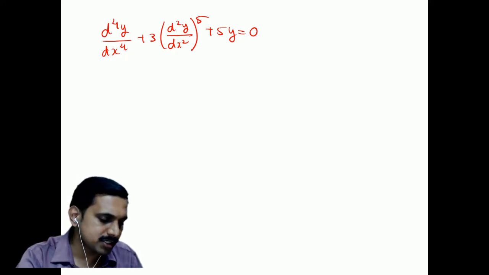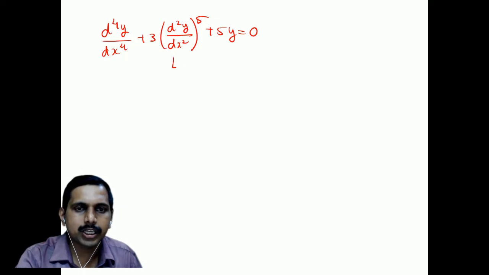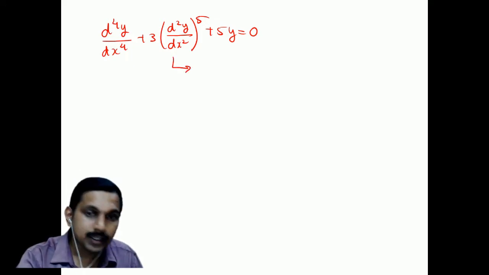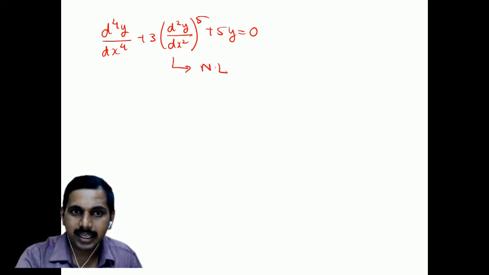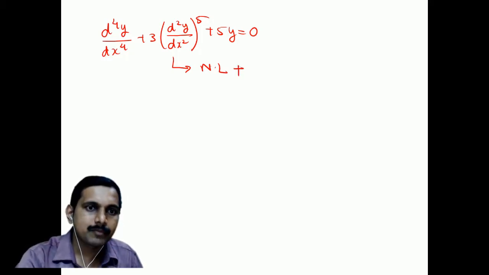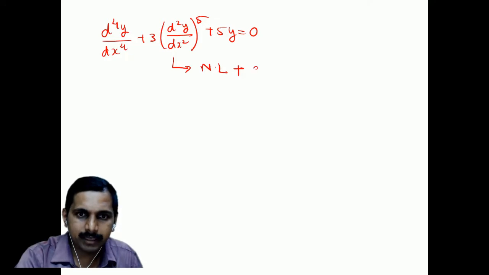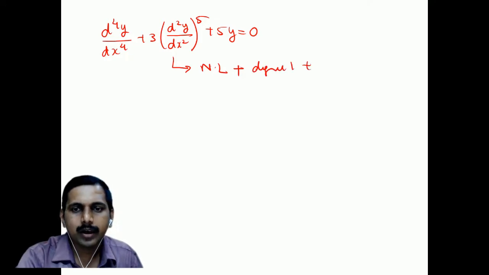Which type of equation is this? Linear or non-linear, students? Non-linear. Very good, because there is y function which is multiplied by this. Plus which order? Degree 1. Order 4. Simple. Another one.